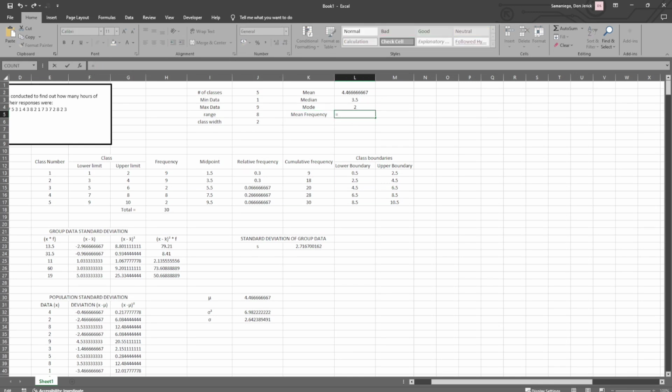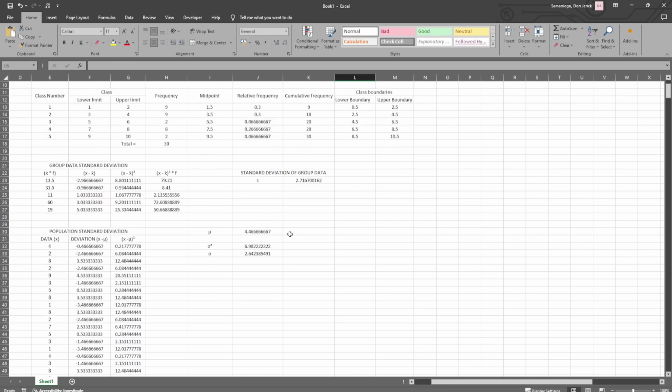Mean frequency is equal to the summation of x times f divided by the total frequency. And we can now proceed to sample standard deviation.